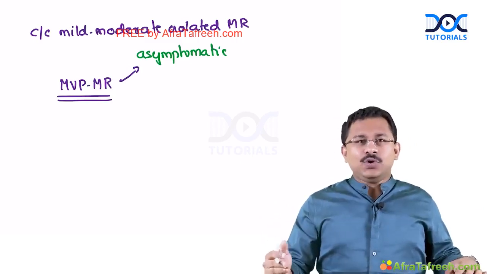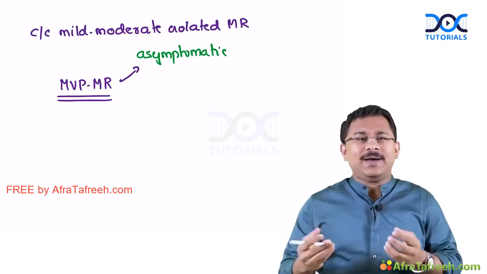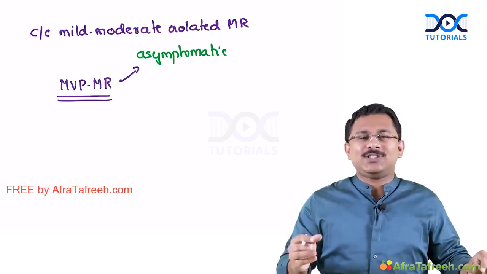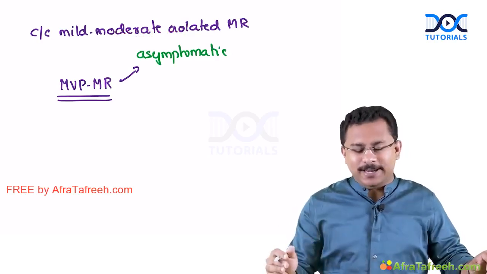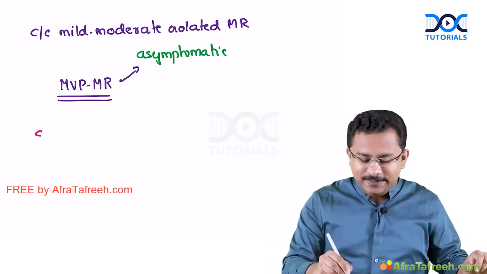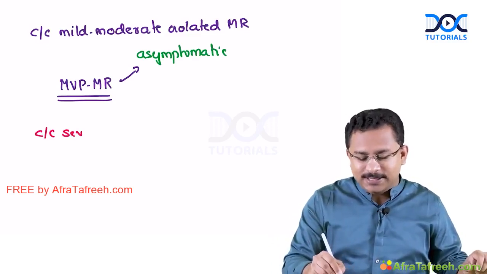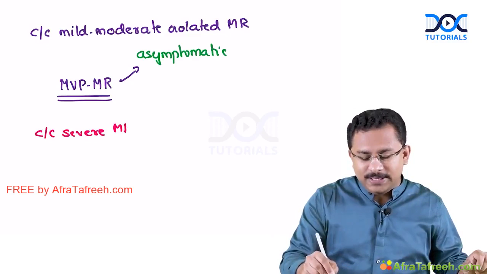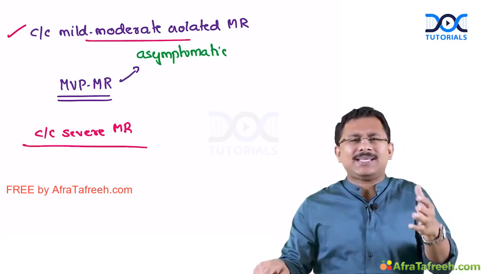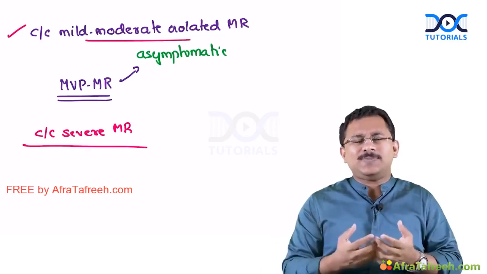You can have MVP MR being symptomatic as well, but I'm just saying that you can have a subset of patients with MVP MR who are asymptomatic. Now, when the patient goes on to develop a chronic severe MR, that is when the symptoms become more obvious. Even in the mild to moderate isolated MR, there can be some symptoms, but mostly non-specific.